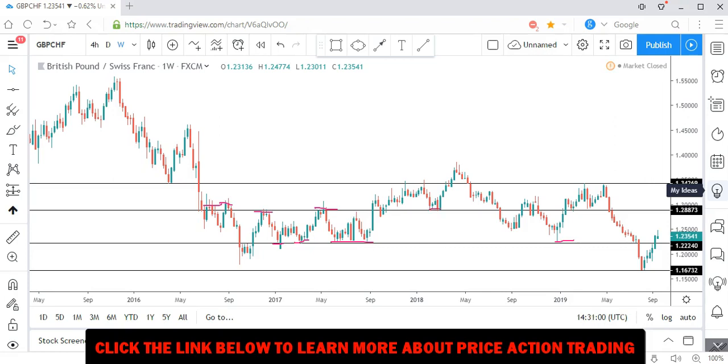We had one here, and this is another turn. And the last, we have one here, another touch here, one here. So you can see we have more than 3 touches. So these are my key turning levels. I look out for price turning around from these zones.